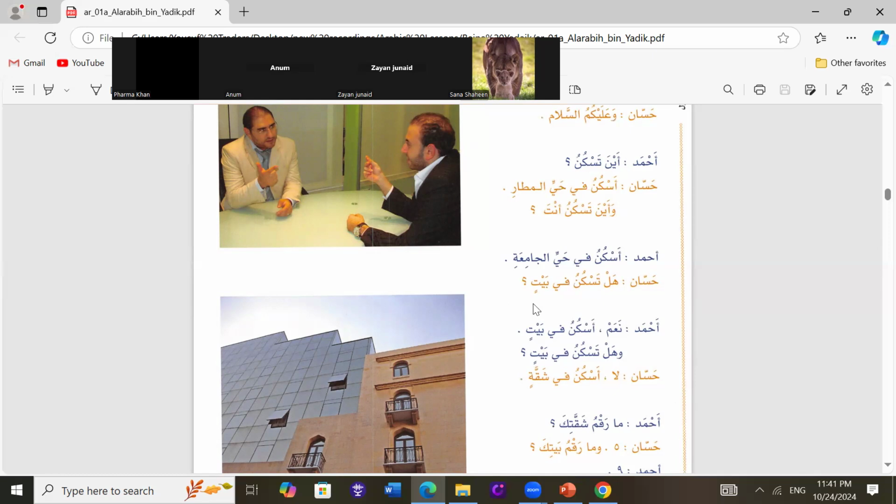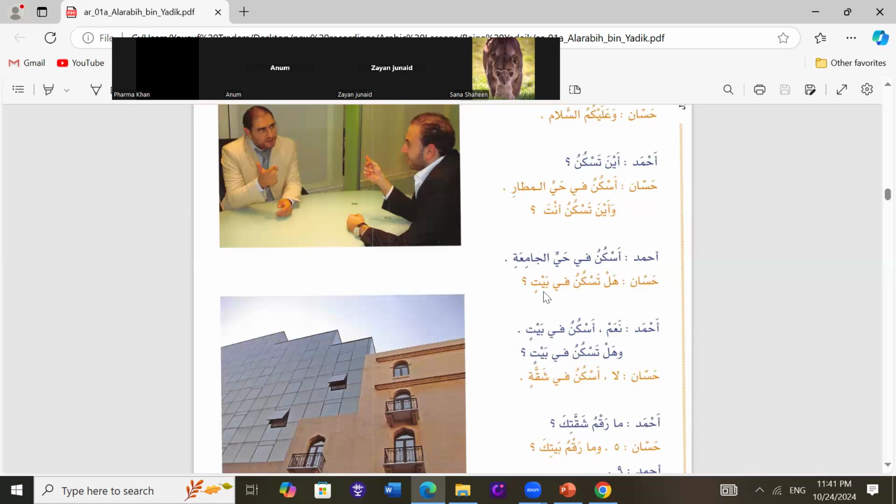One more thing I can tell you, you can notice that when there is al with any word, you are not supposed to put the tanween. If there is no al, we can use the tanween. Like here, fil baiti, we are not supposed to put the tanween. With tanween, al can't be used; with al, tanween can't be used.